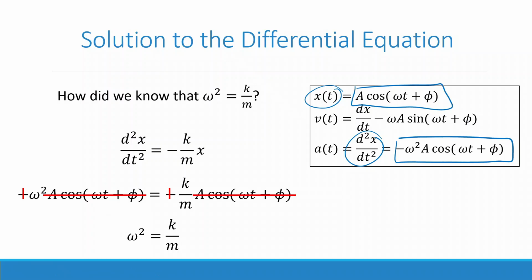So once again, we had to know that this function would obey the differential equation. So mathematicians and physicists had to come up with that. That was actually a huge major discovery.